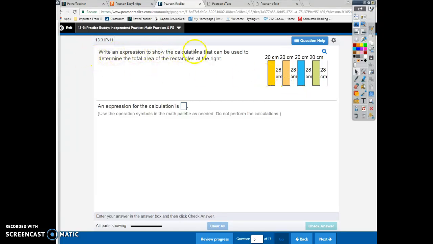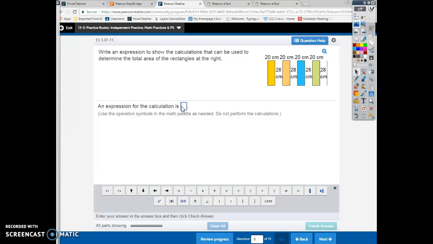It says write an expression to show the calculations used to determine the total area at the right. So the total area of these shaded sections. If I know this is 20 and this is 28, the area of this is going to be 20 times 28. But there are 1, 2, 3, 4. So it should be 20 times 28 times 4.